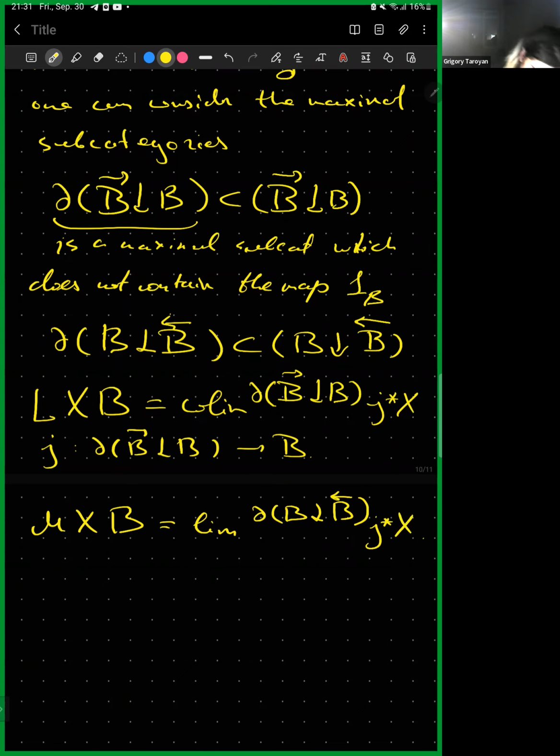Now we can explicitly describe the Reedy model structure.